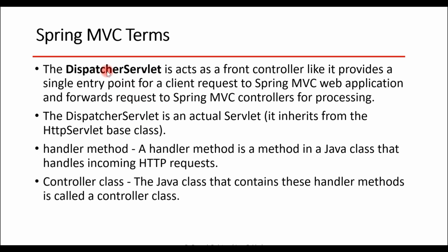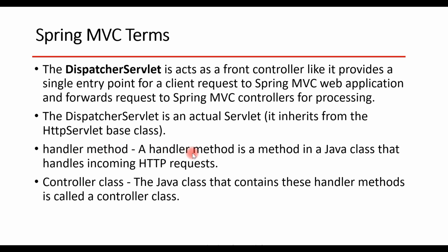Just remember, dispatcher servlet is responsible for pre-processing and post-processing the request. All the incoming requests come to the dispatcher servlet, and dispatcher servlet will forward that request to the Spring MVC controllers for processing.